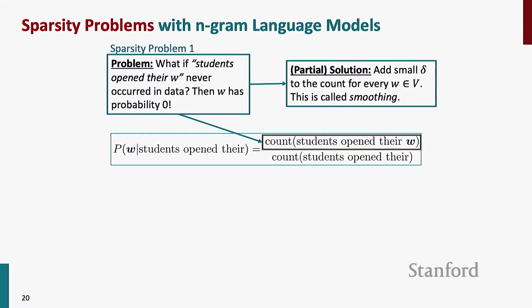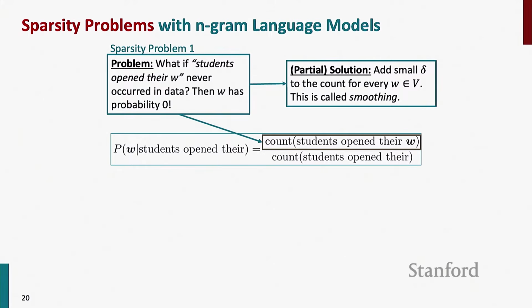There are lots of ways that were explored, but the easiest way is you just added a little delta, like 0.25, to counts. So things that you never saw got a count of 0.25 in total, and things you saw once got a count of 1.25, and then there are no zeros anymore.